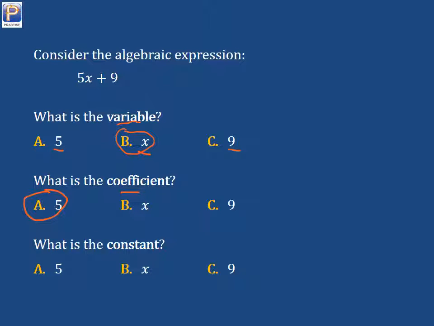That would be the number 5, because the 5 goes with the x. It's 5 times x. And the constant is the other one that's left over. That must be the 9, because it's just a constant number. This 9 is always going to be 9, whereas the 5 changes depending on what the x is, because it's 5 times the x. So that's why the constant is the last one that's left over, the plus 9.